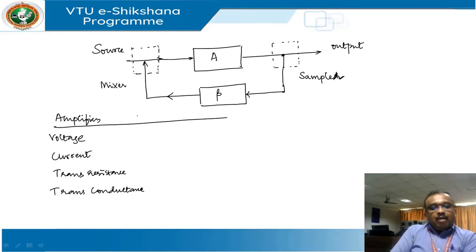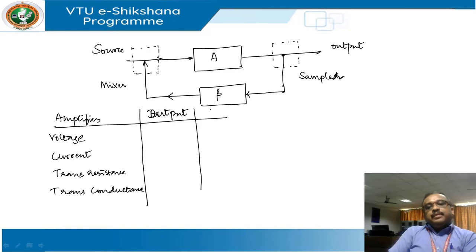Let me make a tabular column indicating what is present at the input and output of each. Let me start with the output because I first sample it and then mix it. First is output, second is input.